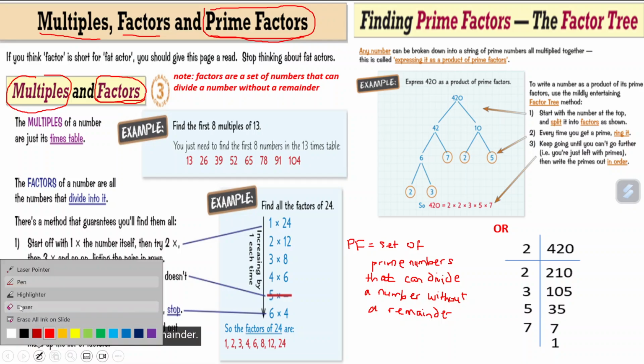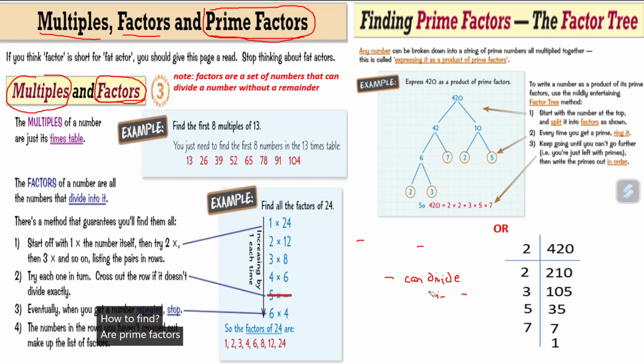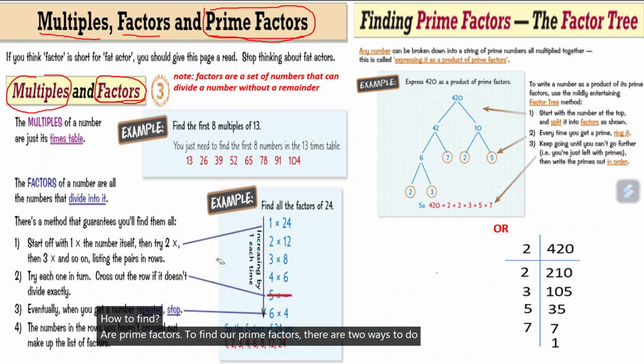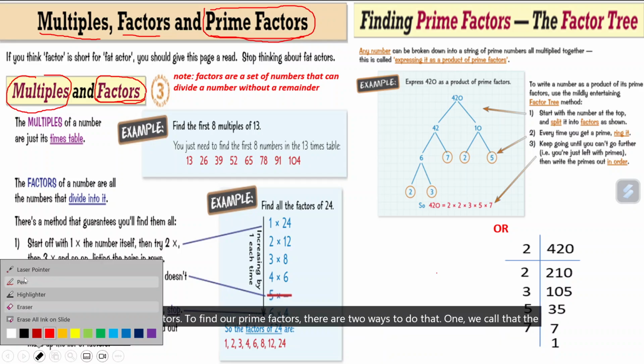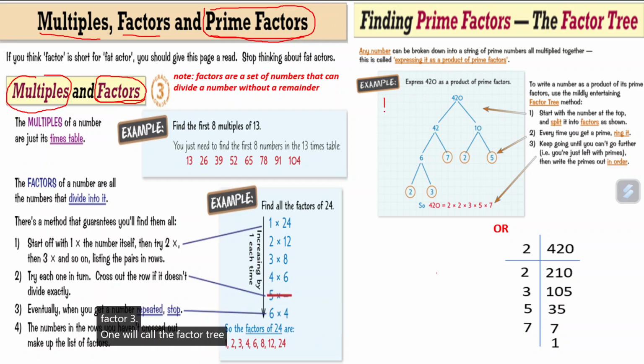Then that leads us to how to find our prime factors. To find our prime factors, there are two ways to do that. One we call the factor tree, and the other is this method.